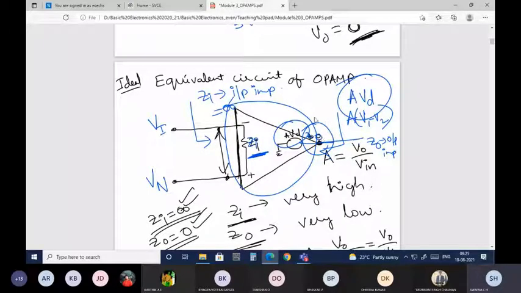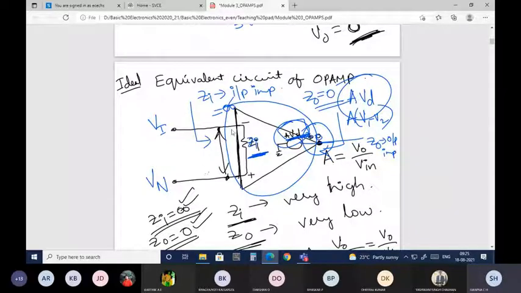Z0 is nothing but a resistance or impedance. So what happens? There will be some voltage drop across this Z0 also. If you don't want any voltage drop across Z0, so that whatever output is there is reflected in this AVD, if you want to get the complete output voltage, yes, Z0 should be equal to 0.